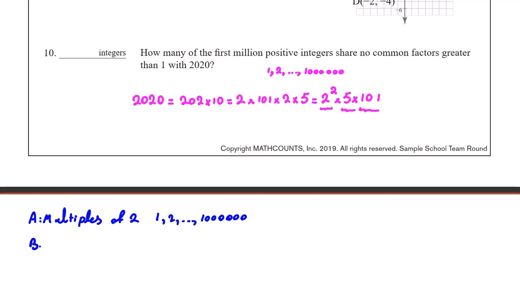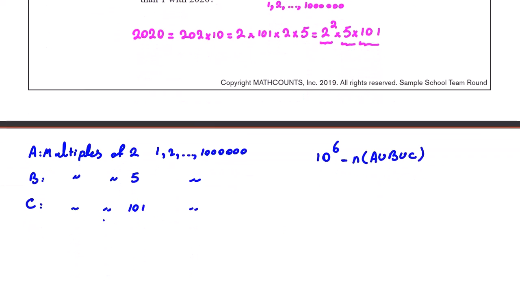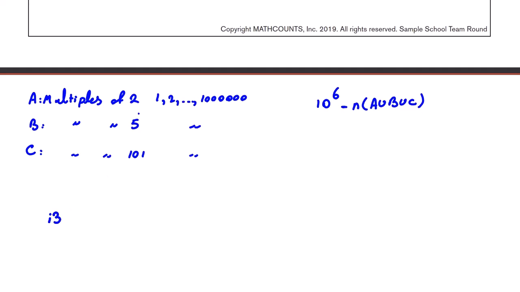B is the multiples of 5 in this interval, C is the multiples of 101 in this interval. So the answer is 1 million, or 10 to the 6, minus the number of elements in A union B union C. For this part, I should tell you idea 3. Idea 3 is what? It is PIE.